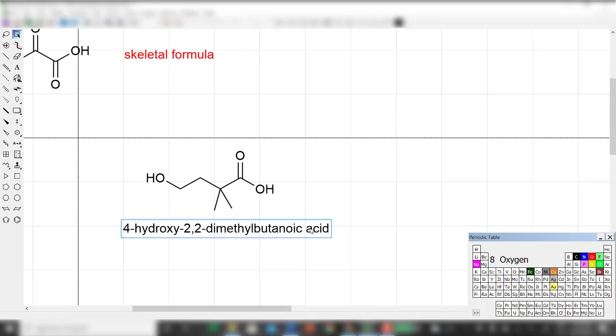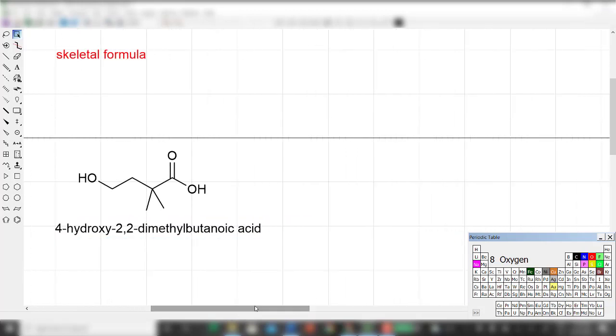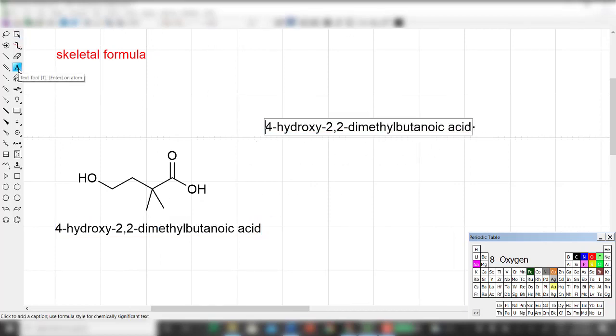Then you'll be wondering, if I name it wrongly, what's going to happen? Let me give you a random example. Let's say somehow you name this wrongly and call this 4-hydroxyl benzoic acid. I mean, you just call this 2,2-dimethyl 4-hydroxyl butanoic acid.